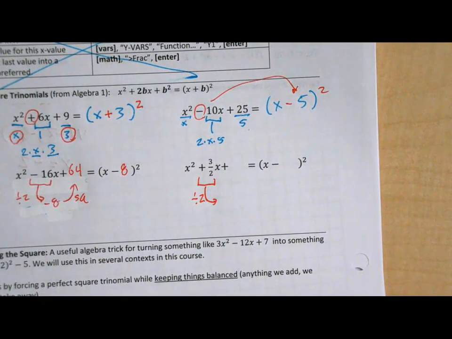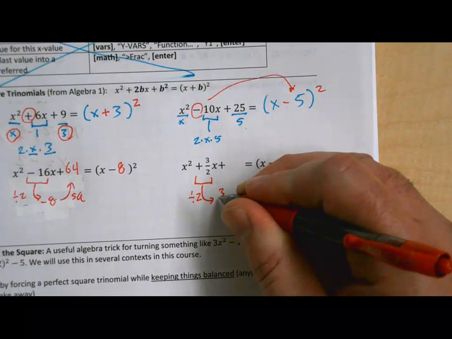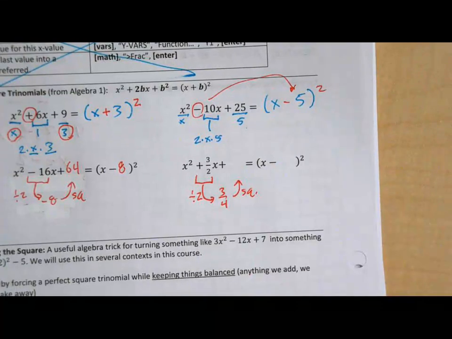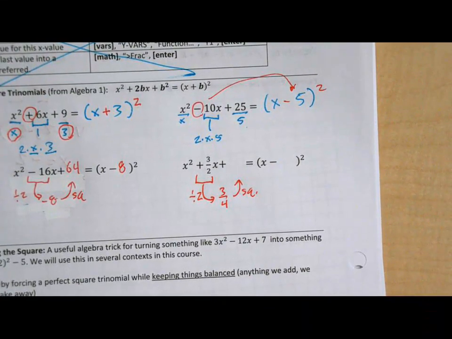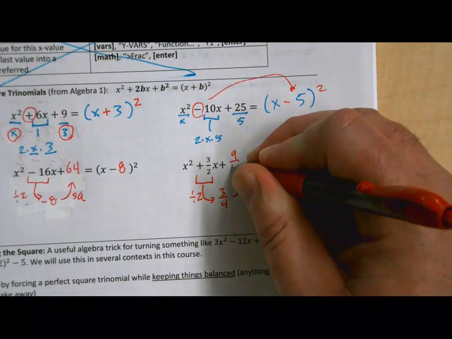When I'm dealing with fractions, instead of dividing by 2, I think of it as multiplying times a half. 3 over 2 times a half would get me 3 over 4. And then square that. 3 over 4 squared would be 9 over 16.